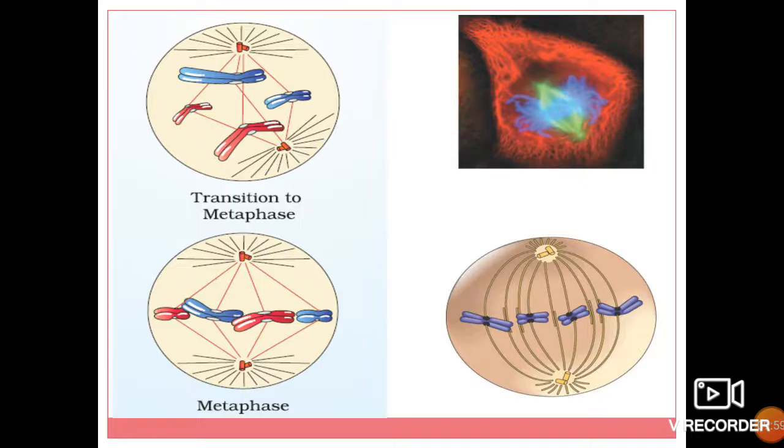You can see here that gradually the centrioles have moved apart, and the chromosomes are now showing a double status, because if you remember, the chromatin had already doubled, so each of the chromosomes is actually showing a tetravalent structure. Okay, so they have 4 chromatids and 2 chromonemata, and there is one kinetochore. That means each one is like an X, but the arms of the X are still not spread out.